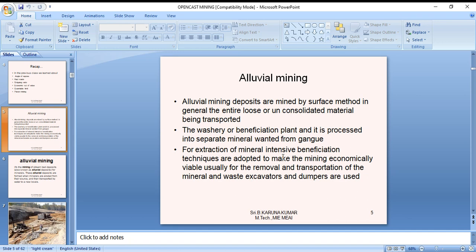Extraction is one part of the beneficiation, because most of the time they use the placer mining methodology, excavating and pouring into the water area, which leads to processing of the deposits. We get rich and rare minerals through alluvial mining methods where alluvial deposits are available.